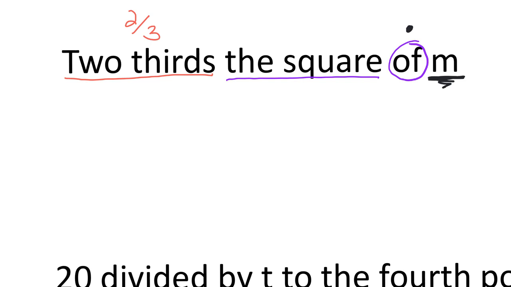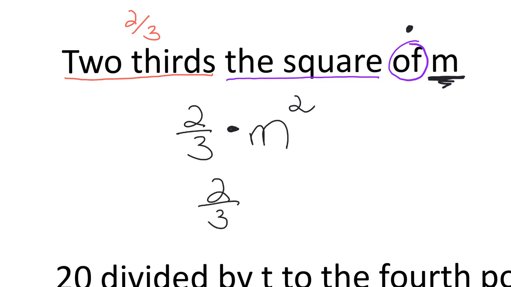You're just going to keep it as it is. And I'm going to start with the fraction. I have 2/3 times the squared of m. And I am multiplying one more time because it says of. So here, I'm going to put the variable m with the squared on the top. So there's your exponent of 2. We don't need that times in the middle. So we put 2 over 3 m squared.